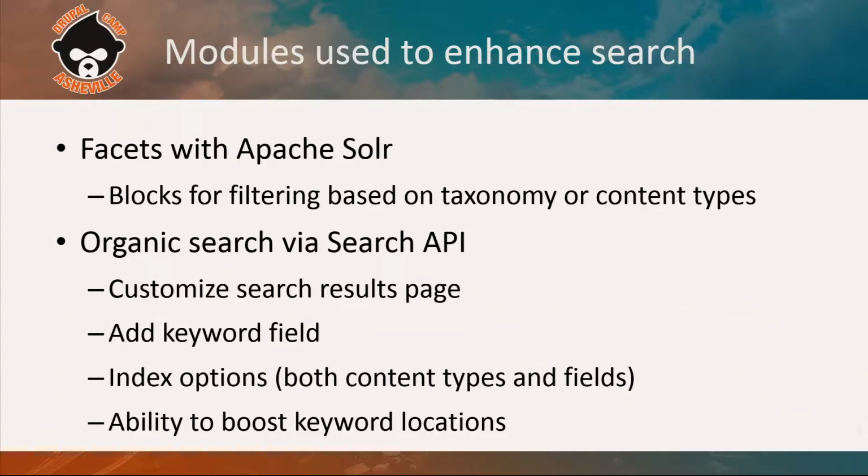And then the organic search, using the search API, which allowed us to customize our search results page. We added a keyword field, which gave us a little more control over our search results. And then with that, we were able to determine which content types we wanted to search, which fields within those content types we wanted to search, and then we had the ability to boost some of these locations.